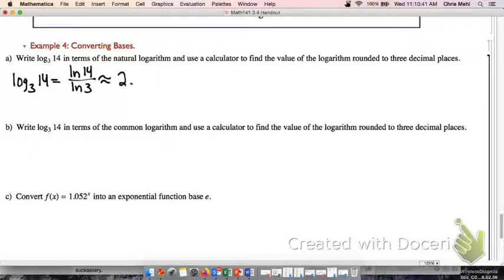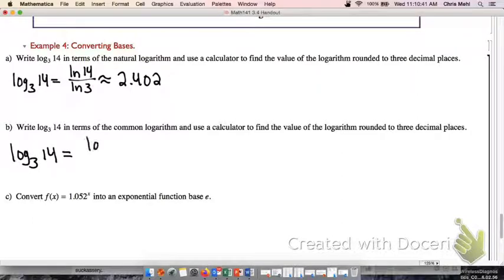And I get 2.402 when you just hit the LN button on the calculator. You get 2.402.